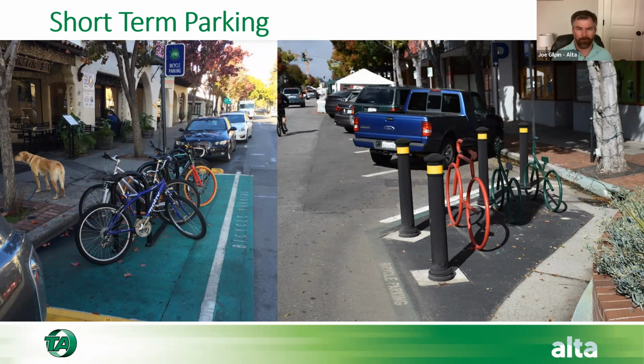Hopefully you all have some level of bicycle parking requirements built into your code. And typically, I've seen it done two ways. Either it can be totally separately addressed, or it can be basically bolted onto the vehicle parking requirements that are already in there. And I love having them in the same place because it puts the same level of importance on them.